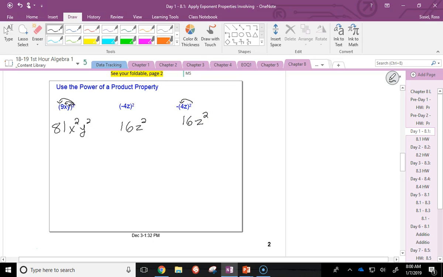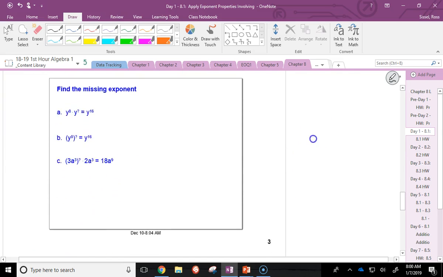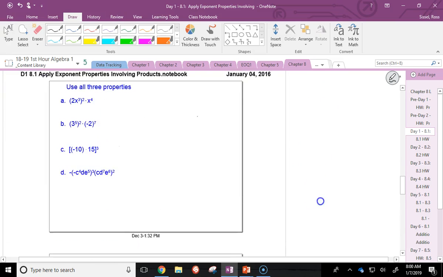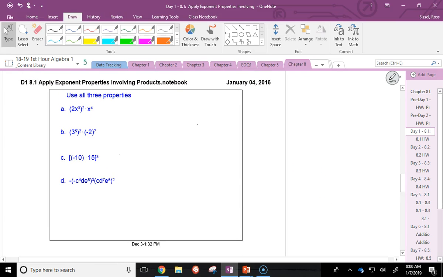But then it said, what is the opposite of it? So negative 16z squared. Okay, make sure you don't put the negative in beforehand. Okay, only a few left. This one, you're going to be mixing all the properties together.